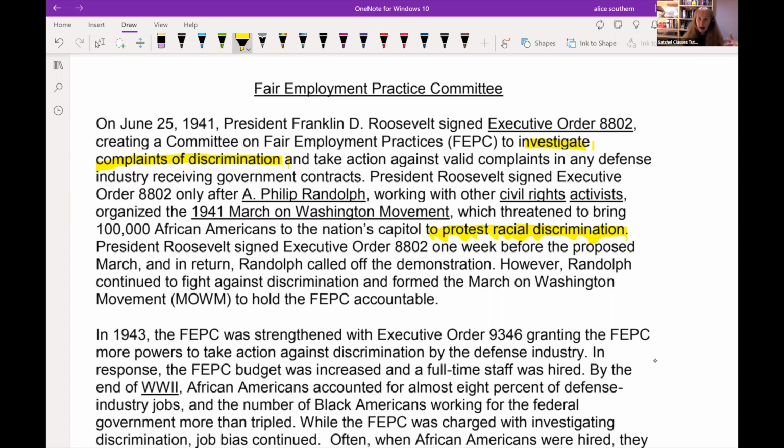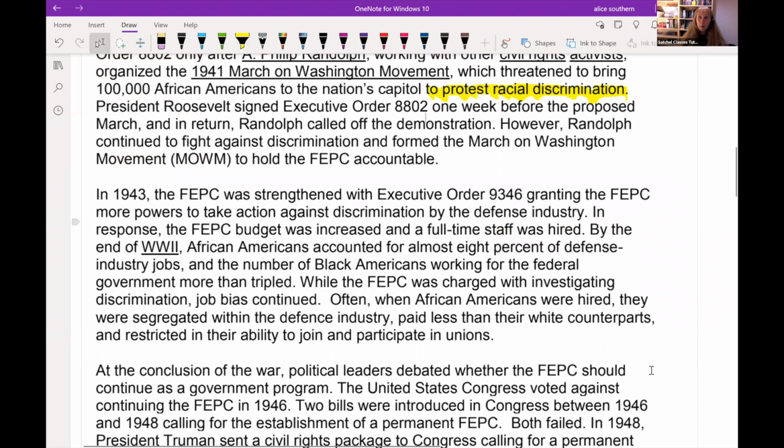So we already have some kind of appetite brewing here a few years into the Second World War. And the demonstration was called off. However, they were now holding this body accountable. All right. They want to make sure that these instances of discrimination are looked into as they're supposed to be.